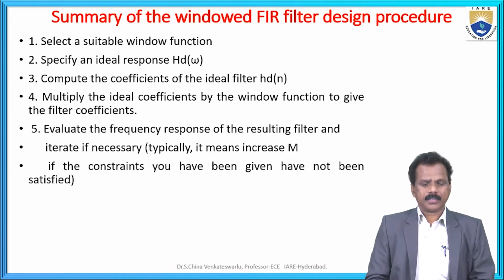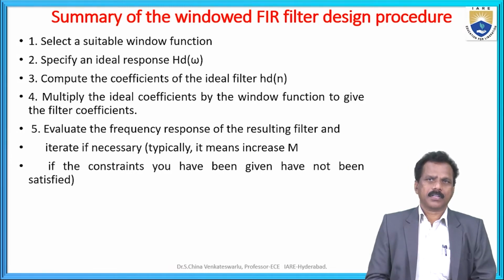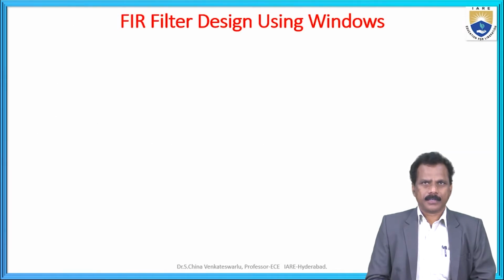If the constraints we have been given have not been satisfied with reference to the evaluated frequency response of the resulting filter, then M is increased or decreased, or the specified ideal response and the coefficients for the ideal filter with the desired frequency impulse response are changed. Like this, we have to observe while using the windowed finite impulse response filter design procedure.